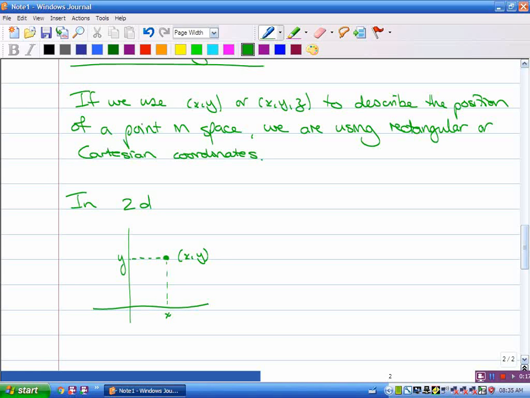So it's almost like you start at the origin, and you're giving somebody directions to the dot, and those directions go parallel to the coordinate axes. Okay, but there's another way of describing the exact same point.